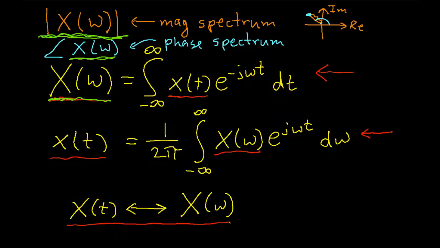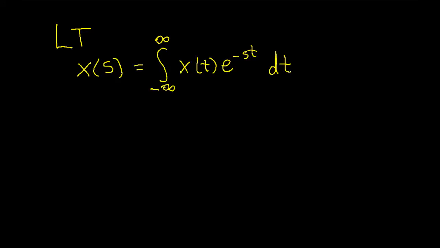The Fourier transform, as we've just described it, is very closely related to the Laplace transform. So the Laplace transform has a definition that looks like this. This is the bilateral Laplace transform.